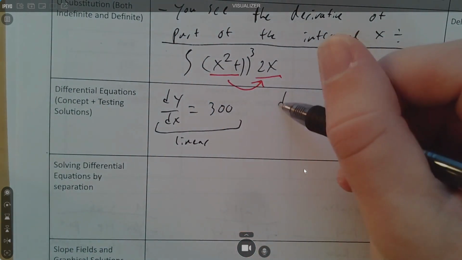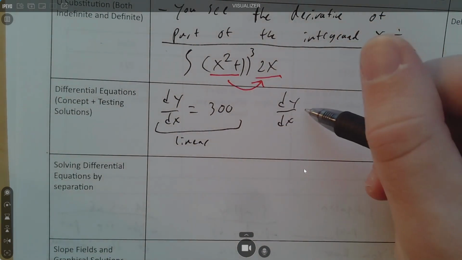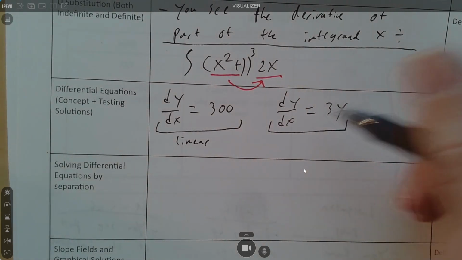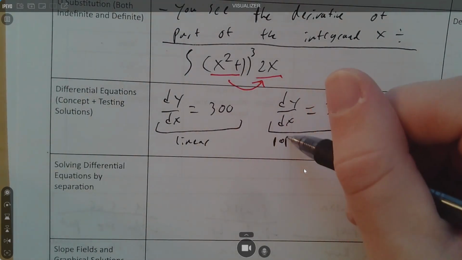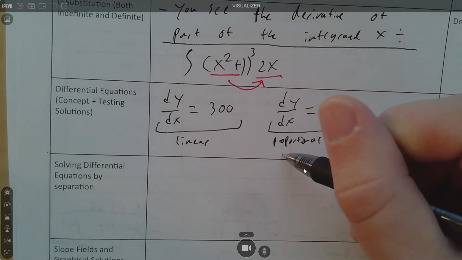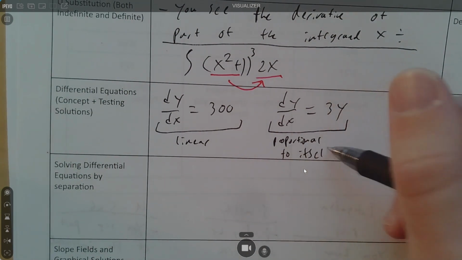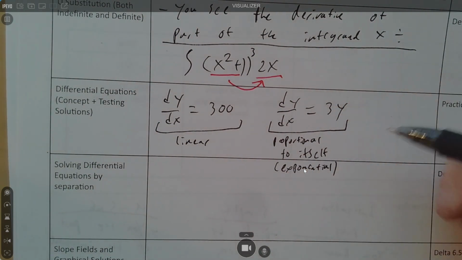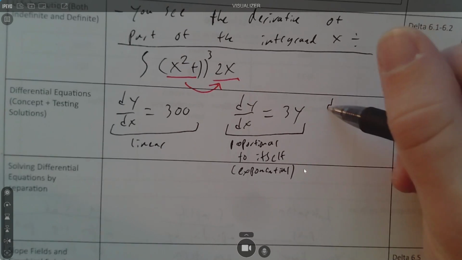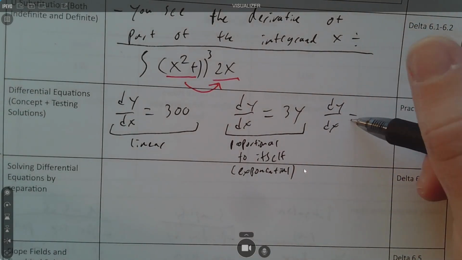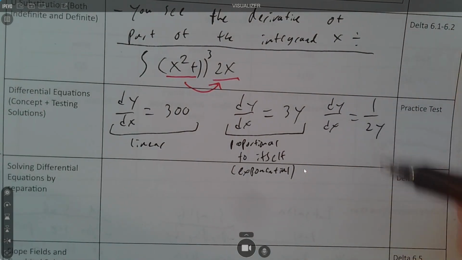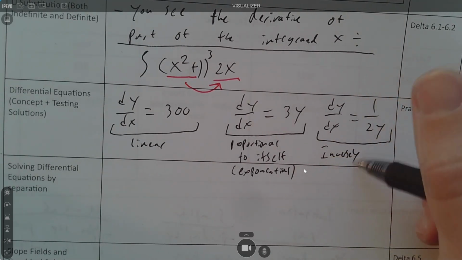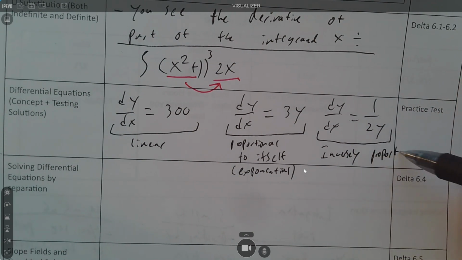If it is a multiplication of itself, it's just proportional to itself, which is exponential. And then you have the derivative is inversely proportional.